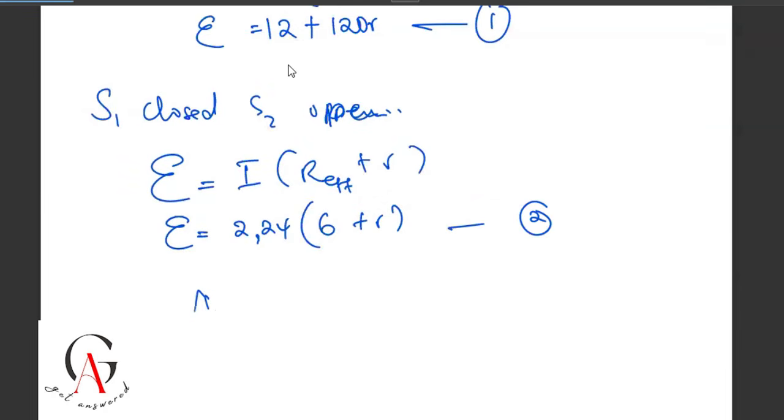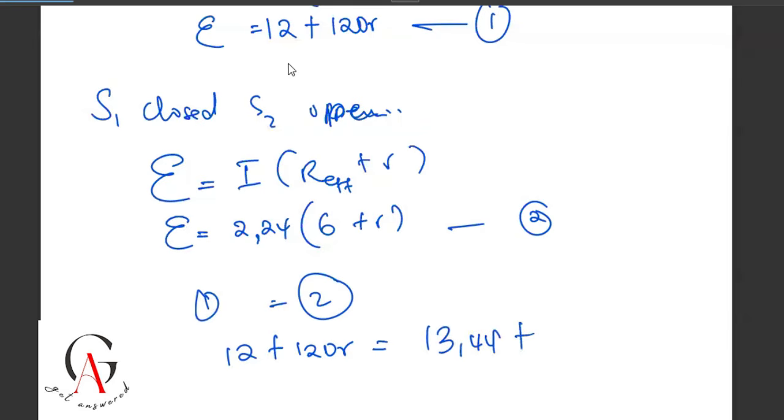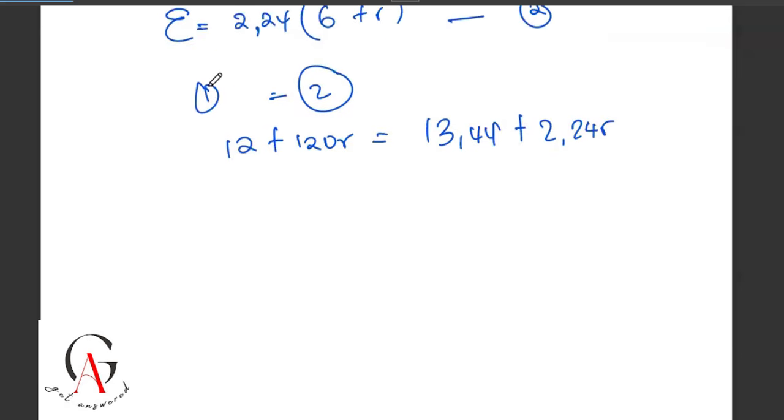Let me equate equation 1 and equation 2. So 12 plus 120r is equivalent to 2.24 times 6, plus 2.24r. That gives me 13.44 plus 2.24r. Let's collect the like terms. I'll move the 12 that side and the 2.24r this side.